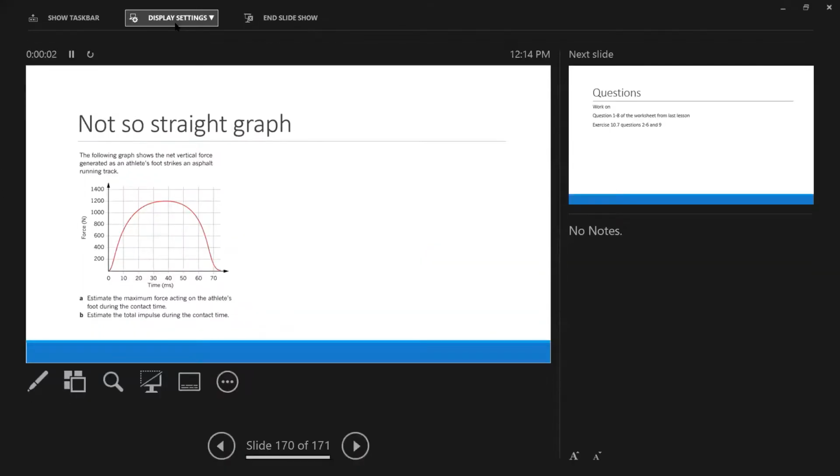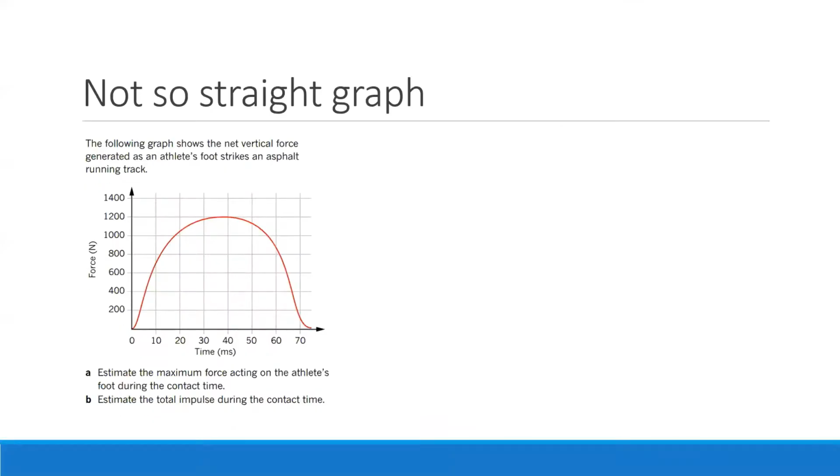I just want to show you guys how to do this because this is actually the one that they go through in the exercise. It says estimate the maximum force acting on the athlete's foot. The following graph shows a net vertical force generated when an athlete's foot strikes asphalt on a running track.